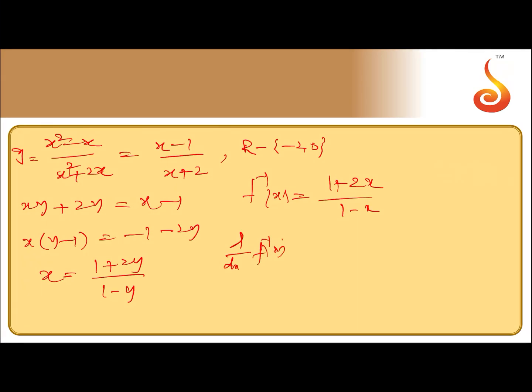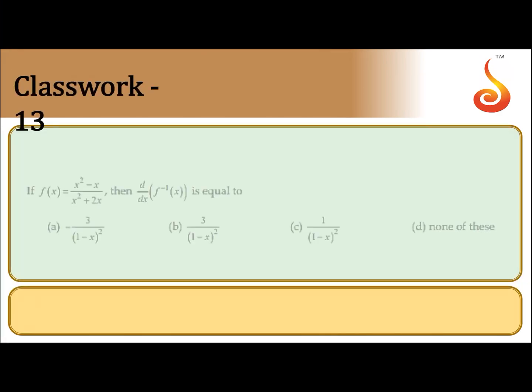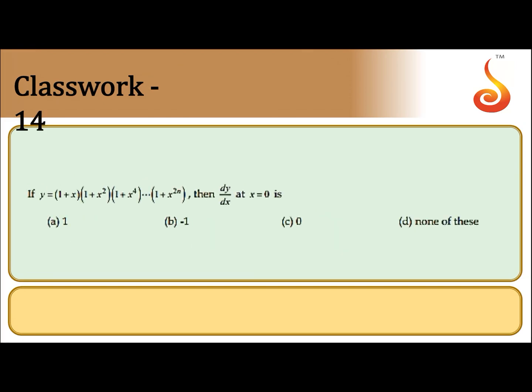And the derivative of this f inverse of x will be (1 minus x) multiplied by 2 minus (1 plus 2x) times the derivative of (1 minus x), which is minus 1, all divided by (1 minus x) taken whole square. I hope you get 2x gets cancelled, giving 3 divided by (1 minus x) whole square.